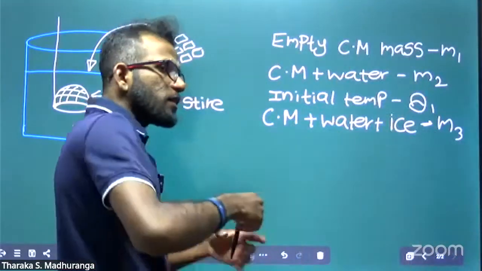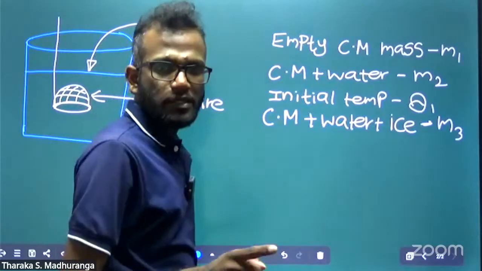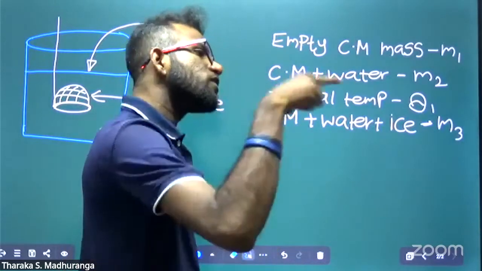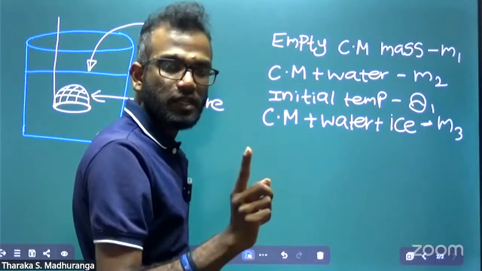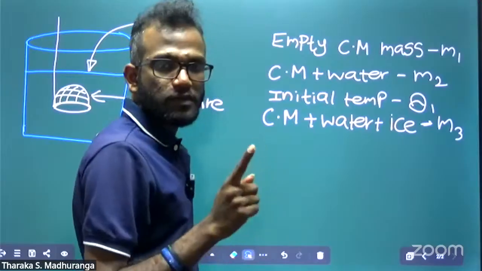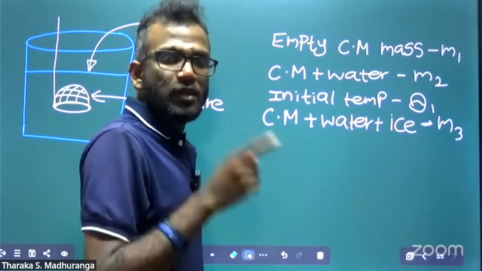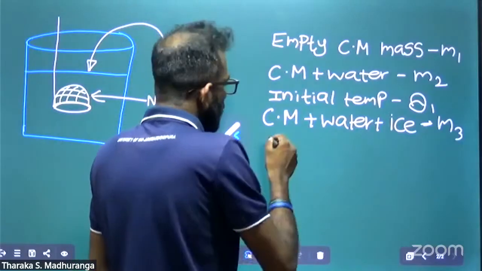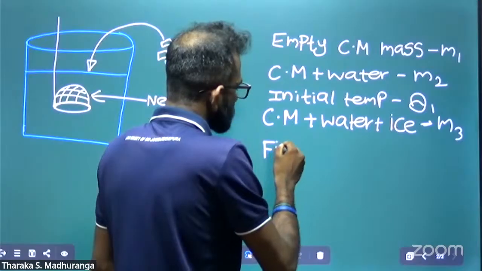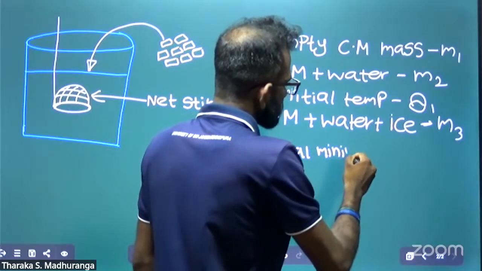In the previous experiment, specific heat capacity, we got the final maximum temperature. This is a cooling process, therefore you need to get the final minimum temperature.